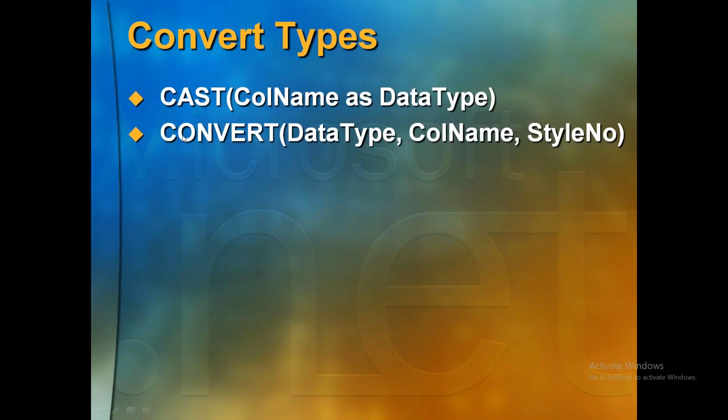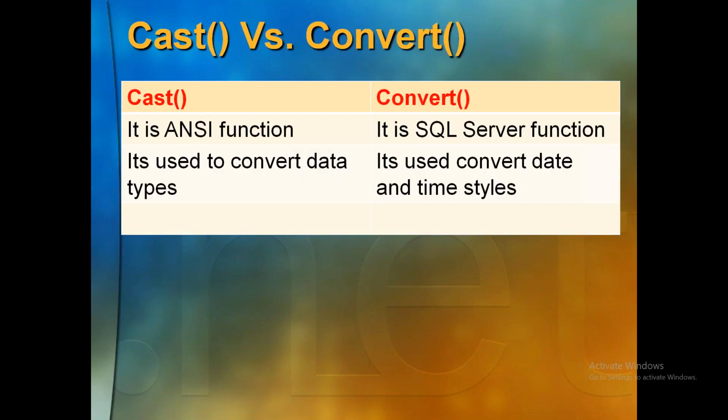Cast is used to convert data from one data type into another; you must use cast. The difference between cast and convert: cast is an ANSI function, and convert is a SQL Server function. ANSI means American National Standard Institution.